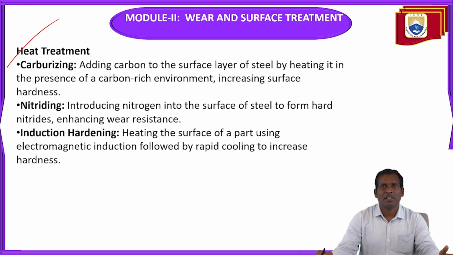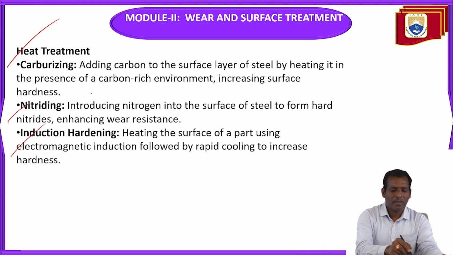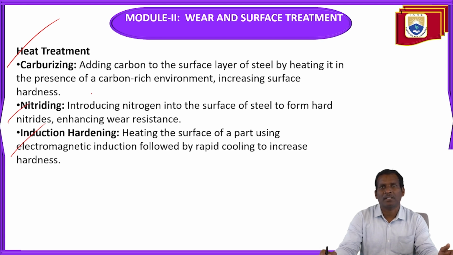Nitriding: introducing nitrogen into the surface of steel to form hard nitrides, enhancing wear resistance. Induction hardening: heating the surface of a part using electromagnetic induction followed by rapid cooling to increase hardness.